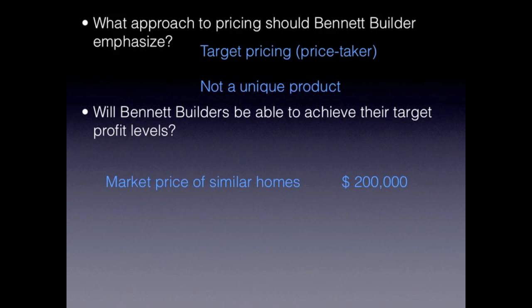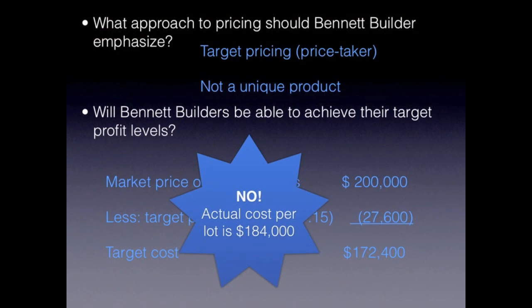And remember, our cost was $184,000. So 15% of $184,000 is $27,600, giving us a target cost of $172,400. But we know our actual cost is $184,000. So we will not be able to achieve that 15% profit.